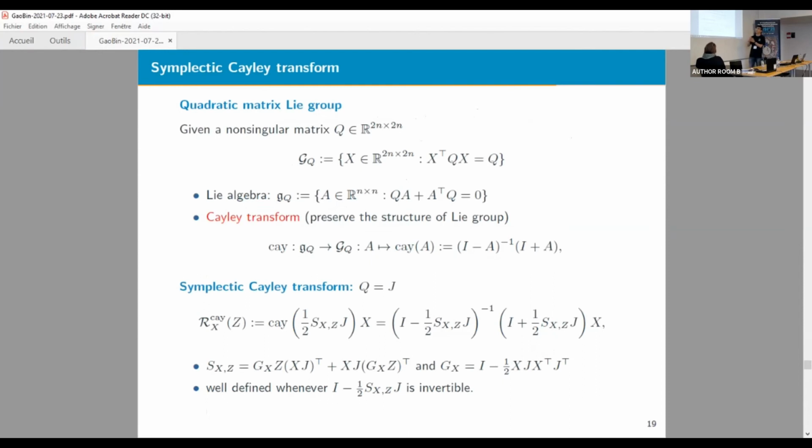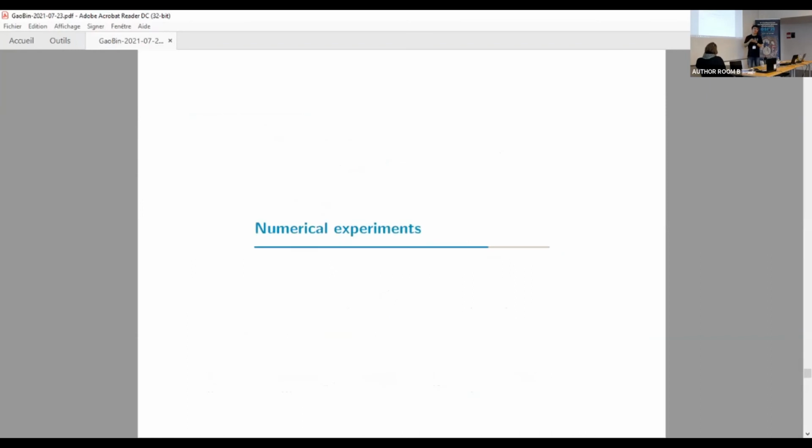Another is you can consider a matrix transformation, like the Cayley transform. If you do the Cayley transform, then your new point will still belong to the manifold. So now you have the projection, you have the gradient. You can do any optimization method.